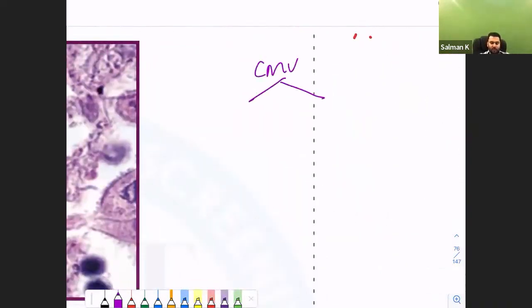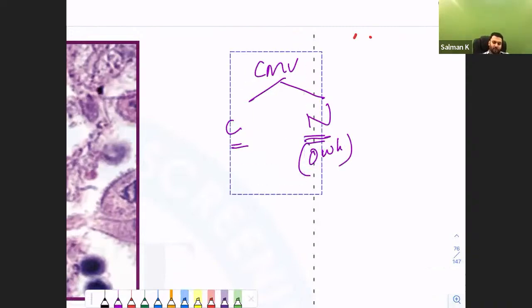CMV inclusion bodies are seen in two places, cytoplasm as well as nucleus. But where is it going to look like an owl's eye if they ask you? You should know, in the nucleus.